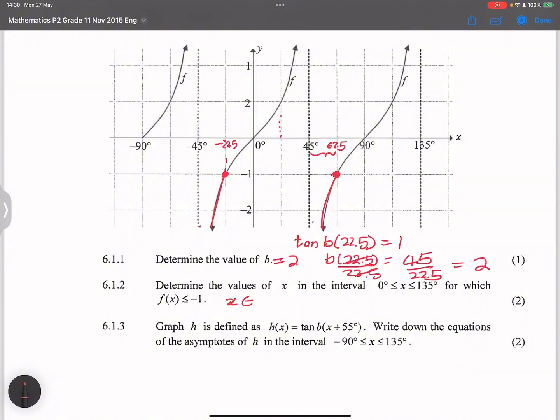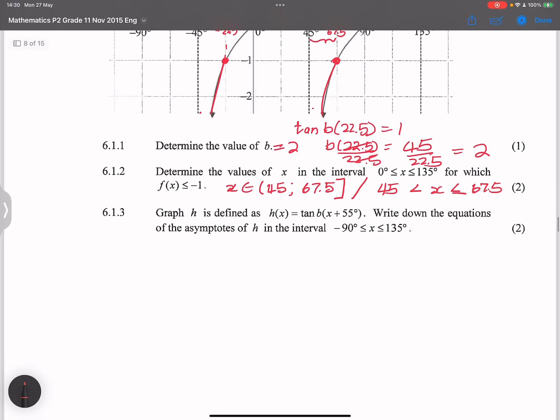So that's 45 till 67.5, right? So 67.5, we are going to include that because it is equal to -1 there. Another way of writing this, you can actually say x is less than or equal to 67.5, but it is greater than 45. And please note that 45 is not included. So this is essentially another way of writing the same thing.